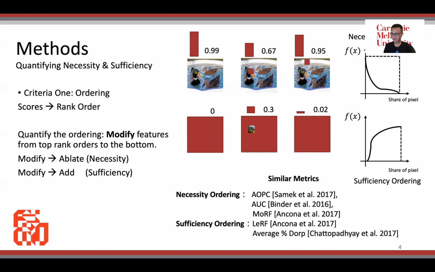Therefore, ablating features in descending rank order should produce the steepest curve, shown at the top right. Similarly, on the sufficiency side, adding features in ascending rank order should produce the steepest increasing curve of output confidence. We call these necessity ordering and sufficiency ordering. There are many similar or related metrics, and they fall into either necessity ordering or sufficiency ordering.